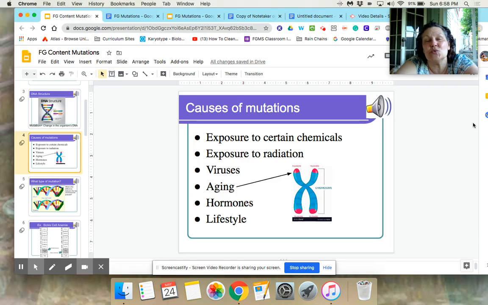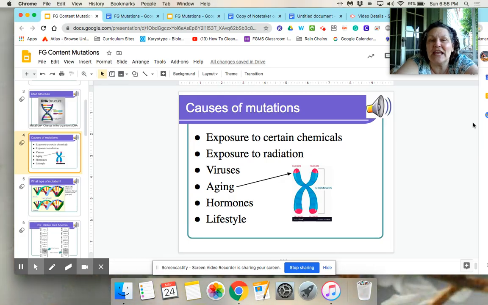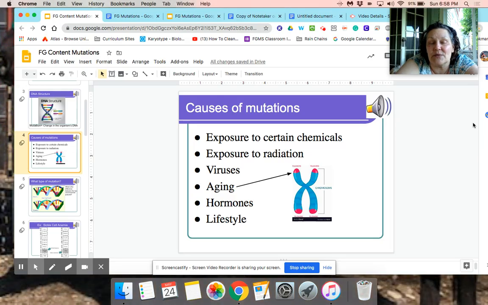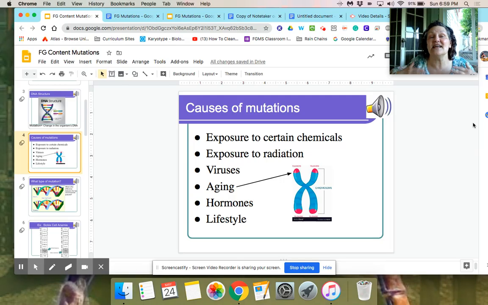Exposure to radiation. Radiation is a form of energy, and too much radiation can disrupt DNA. One of the ways your DNA can be disrupted by radiation is if you've ever had an X-ray, whether at the doctor's office or because you broke an arm or something. They take this lead apron, because X-rays won't get through lead.